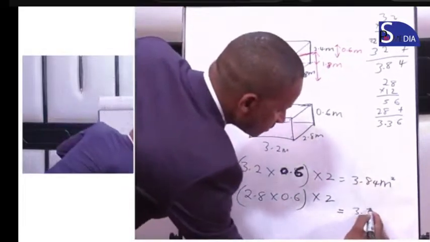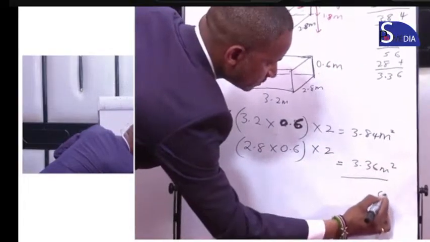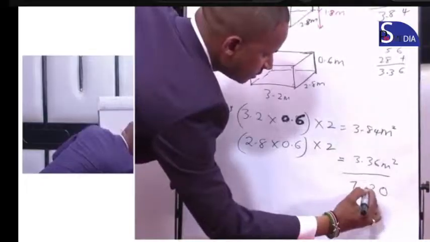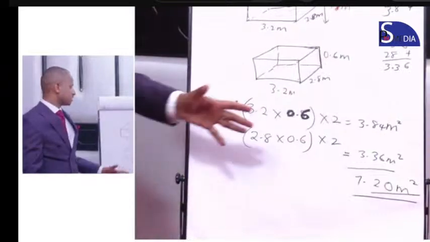So this is 3.36 meters, 7.2 meters squared. So this is the area that is not in contact with water.